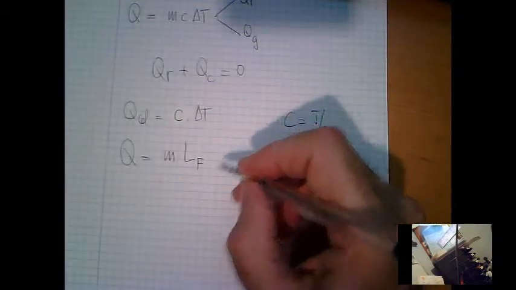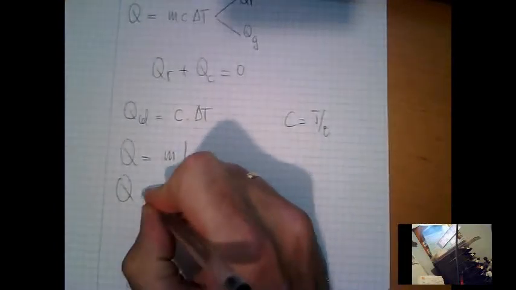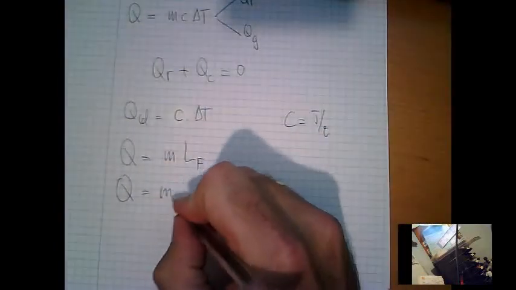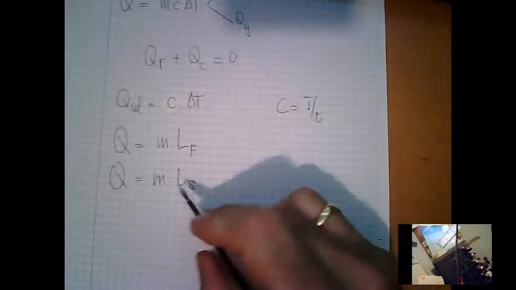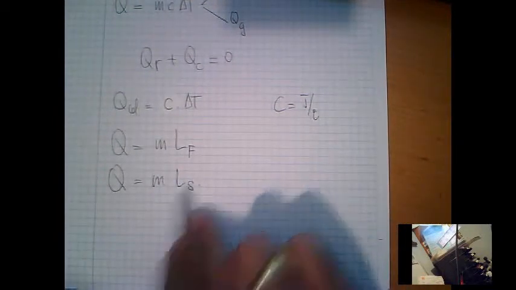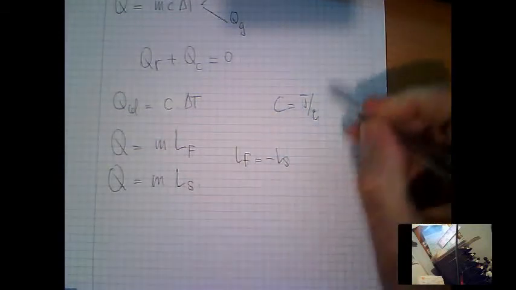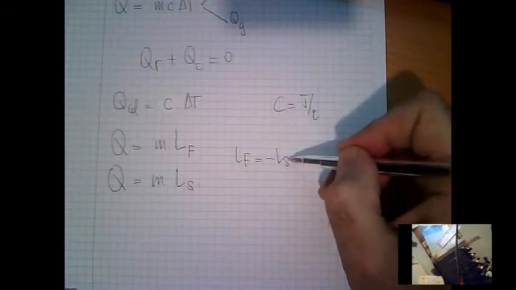And if you have a substance which is, instead of melting, solidifying, so the other way, it is going to be M times Ls, where Ls is the latent heat for solidification. And we have a relationship between these latent heats, which is just that one is the opposite of the other.